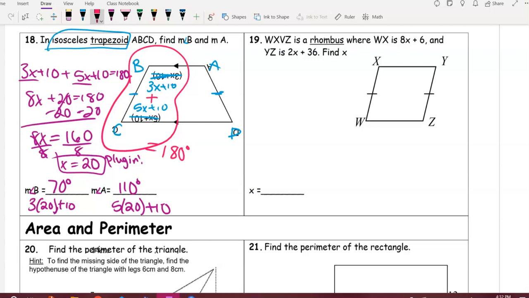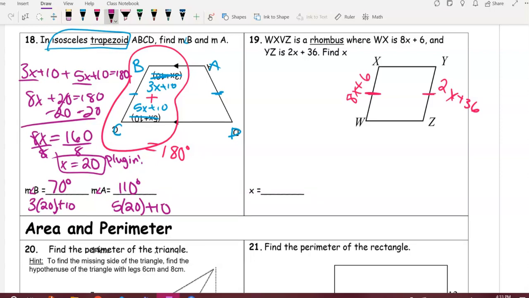All right, number 19. This is a rhombus. It says WX is 8x plus 6, and YZ is 2x plus 36. So it tells us from the picture that both of these sides are congruent. How do I know that? Well, both sides have the same markings.